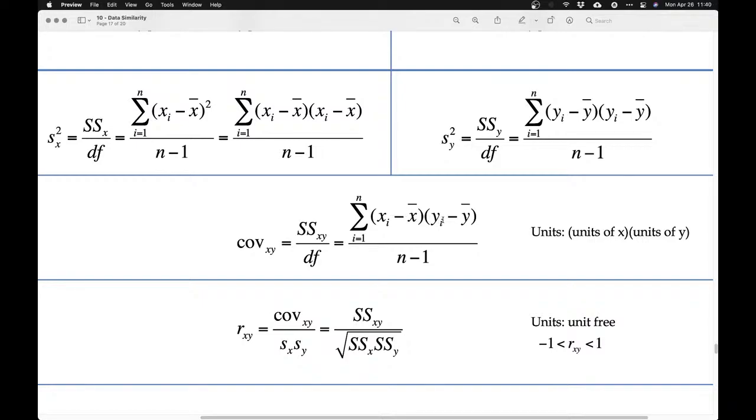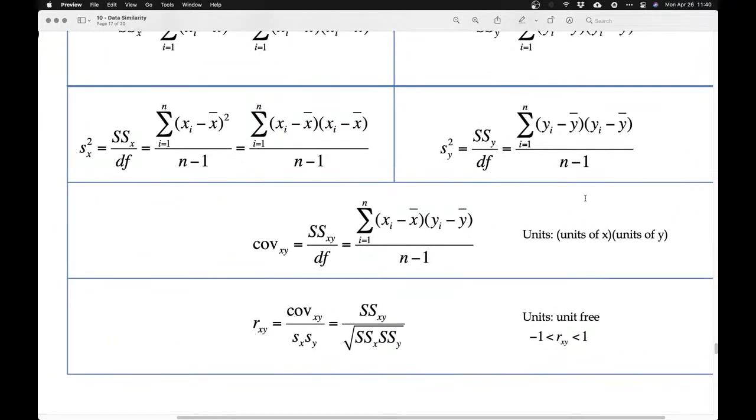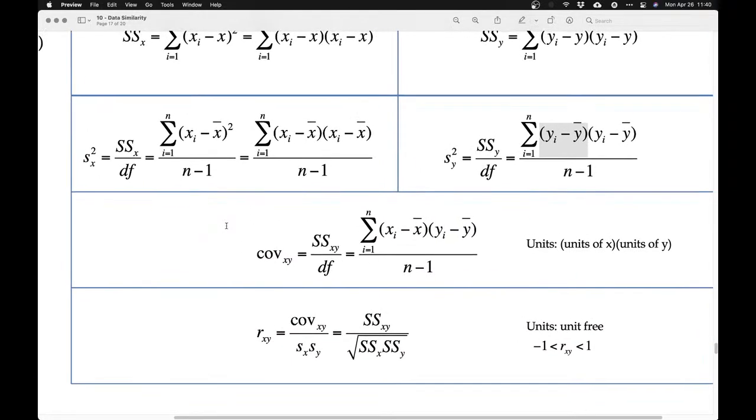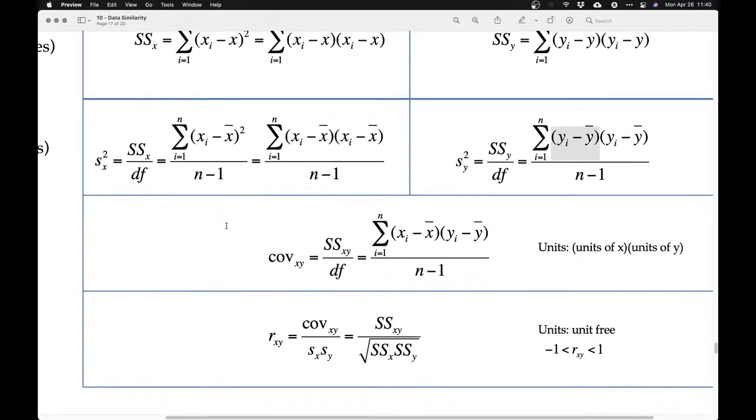So it's mean-centered x times mean-centered y summed, divided by the degrees of freedom. It's almost exactly the same as the formula for variance, except we've just swapped one of these for the other variable. Okay? That gives you what we call a covariance. How do these things vary together?